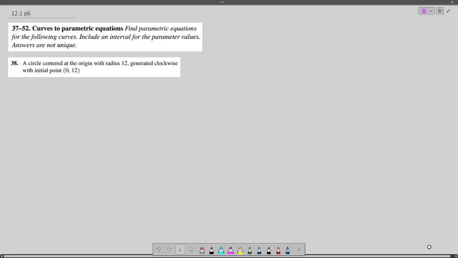Okay. So find parametric equations for the following curves. Include an interval for the parameter values. We want a circle centered at the origin with a radius of 12, generated clockwise with initial point 0, 12.